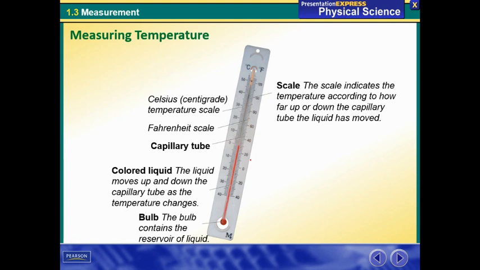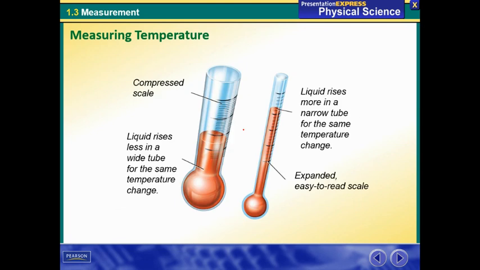And typically there are markings on a thermometer to tell us. So here, for Fahrenheit, this is between 20 and 40, so this is about 30 degrees Fahrenheit. Again, if this goes up, it tells us a higher temperature. So this picture just shows that the liquid will rise if it gets heated up, and then it'll go down when it cools off.